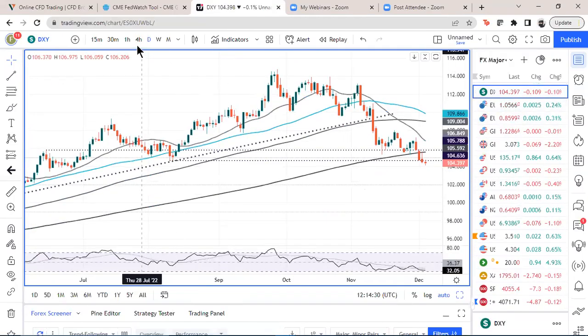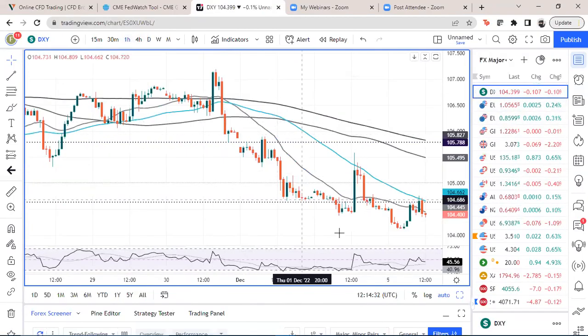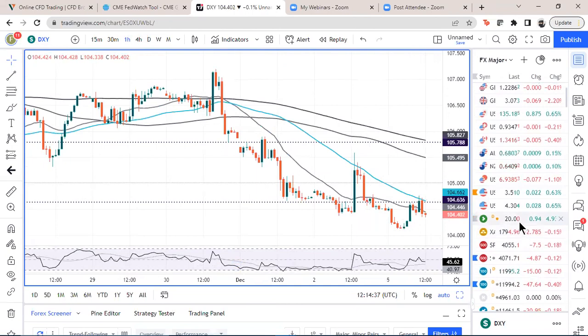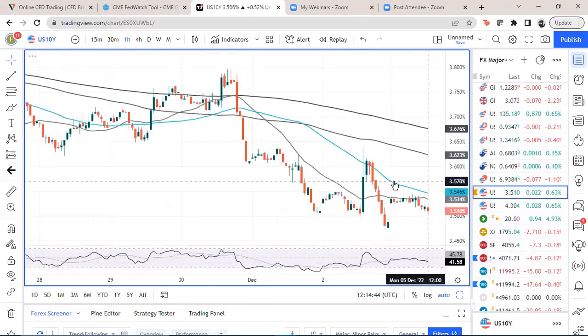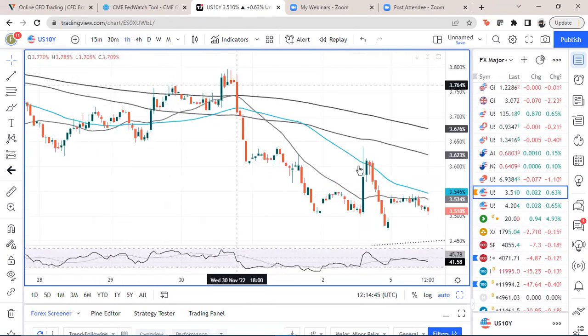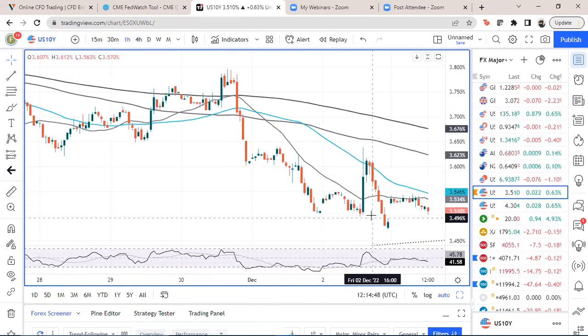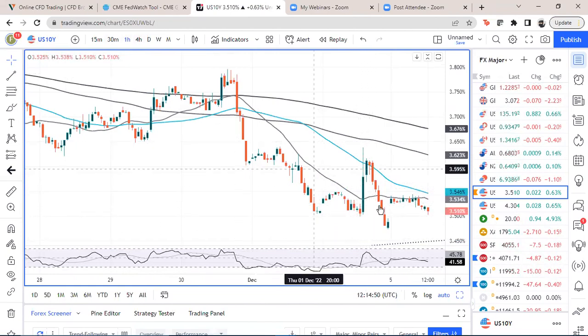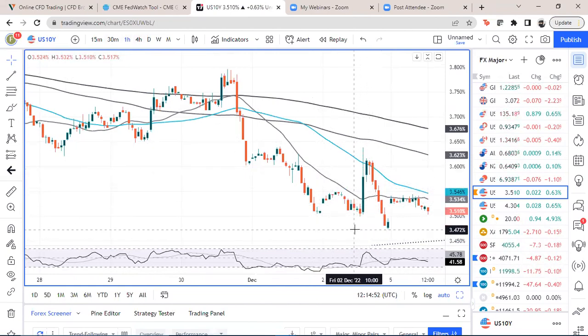And just the reaction, if we go to the 1 hourly chart, you can see the dollar popped higher on the initial headline beats and strong wage growth. And you can see on the 10-year as well, the widely watched 10-year US Treasury, on the 1 hour, you can see the yield on that government bond jumping from 3.5% up to 3.63%.